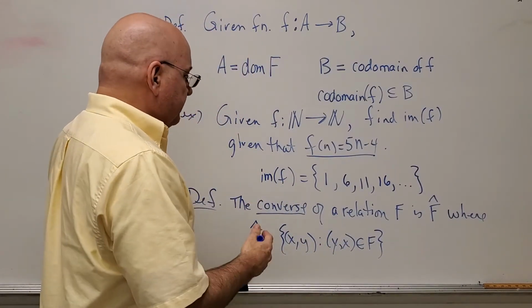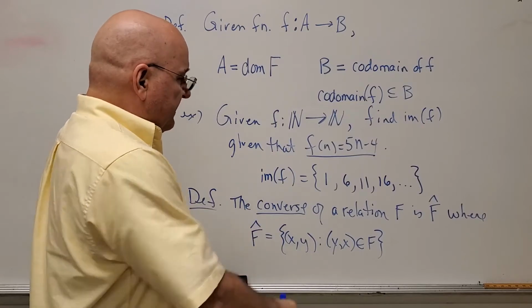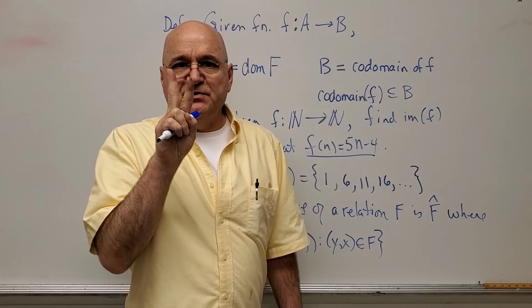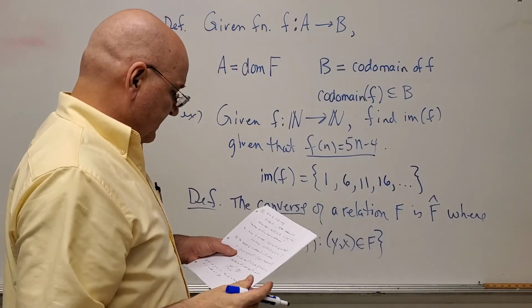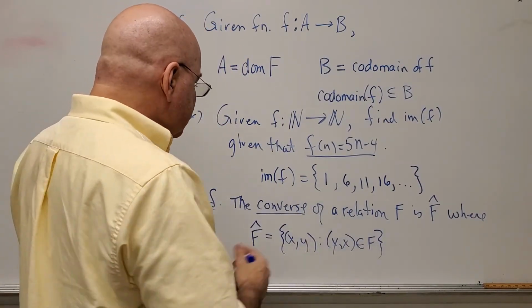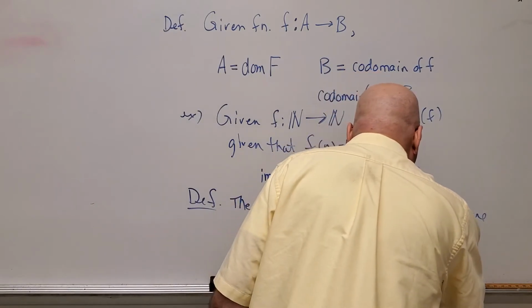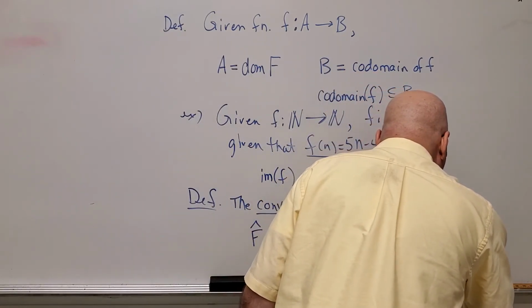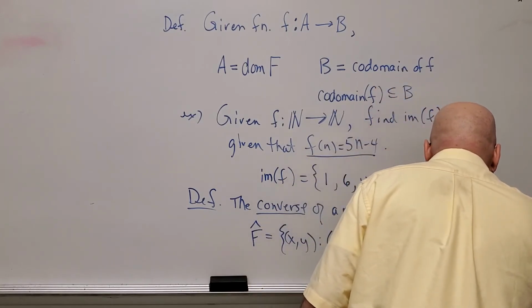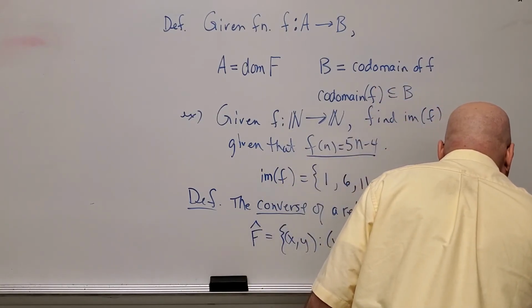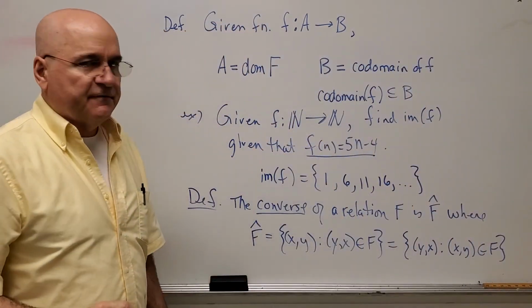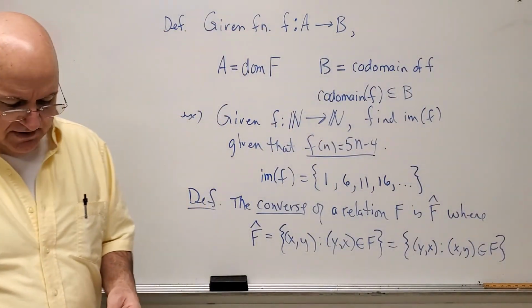It's just the set of ordered pairs taken from the relation f, and you switch the first and second components. That's all we're doing. So again, I could have written this as the set of all (x, y) such that (y, x) is in f. These two are exactly the same thing, and that's the converse of a relation f.